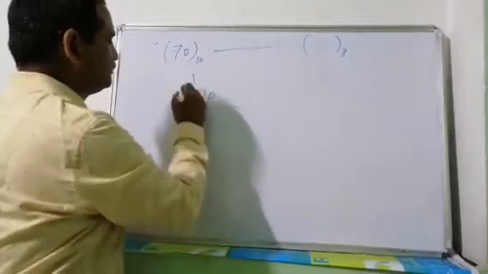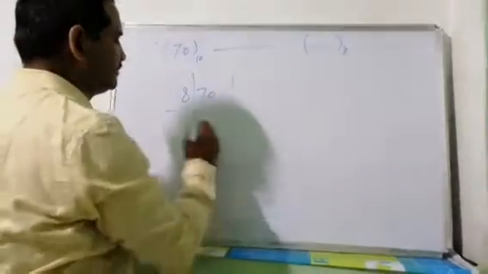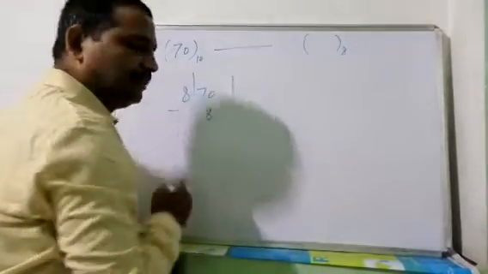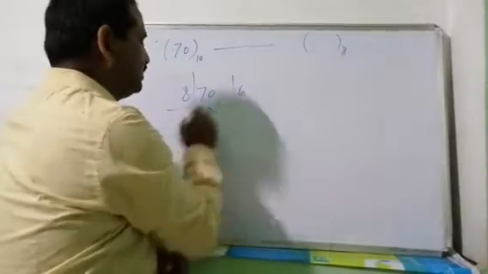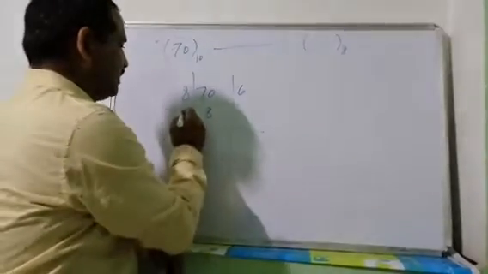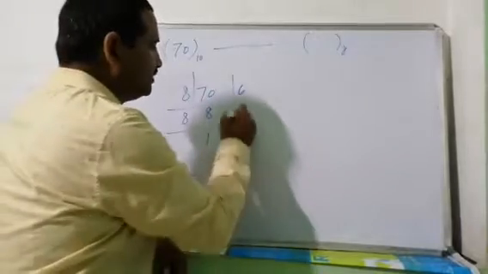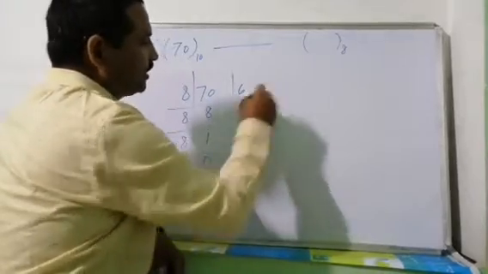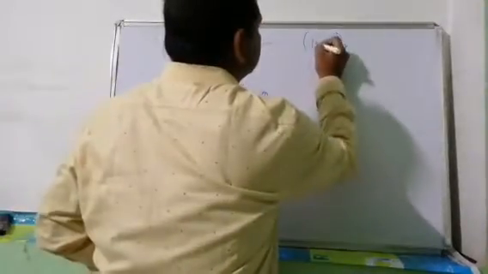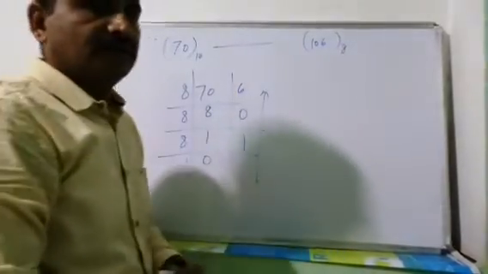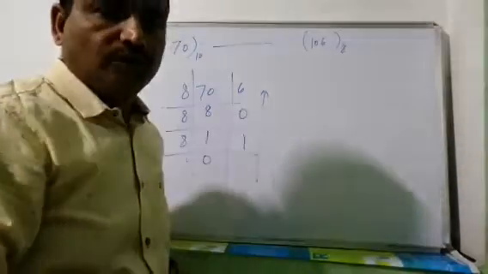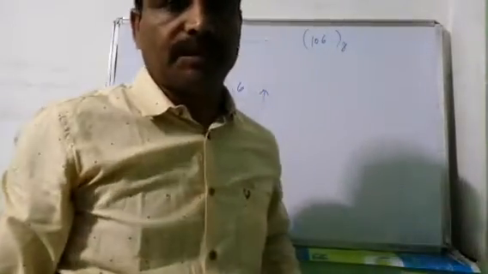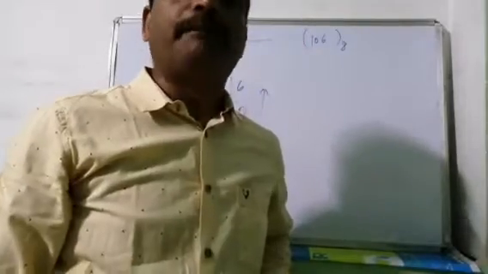We need to divide 70 by 8. 8 will be the quotient, 6 will be the remainder, again divide by 8, 1 will be the quotient, 0 will be the remainder, divide by 8, 0 will be the quotient, 1 will be the remainder. Now the answer is 106. So this process we need to follow whenever we need to convert decimal number system to octal number system. We have to divide the decimal number by 8.